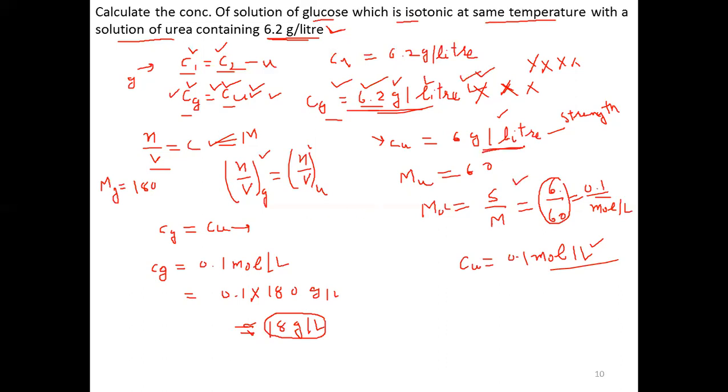It was given in gram per liter. In order to convert it into mole per liter, we just have to divide it by its molecular weight. So by doing all this, the concentration of glucose solution came out to be 0.1 mole per liter, and if we convert it into gram per liter, it is 18 gram per liter.